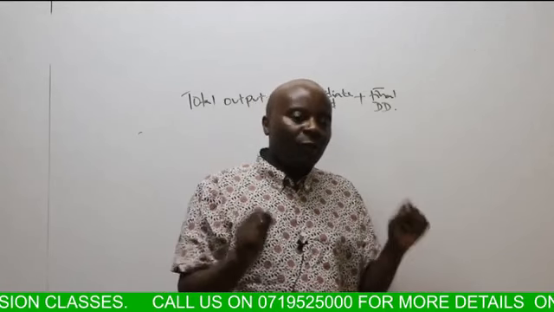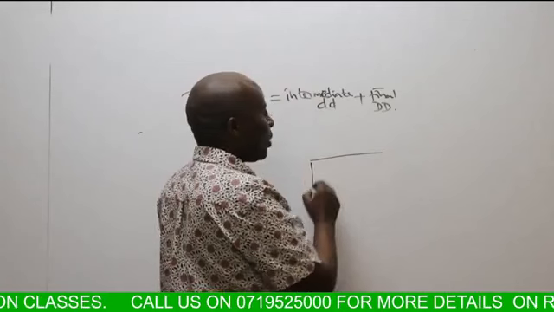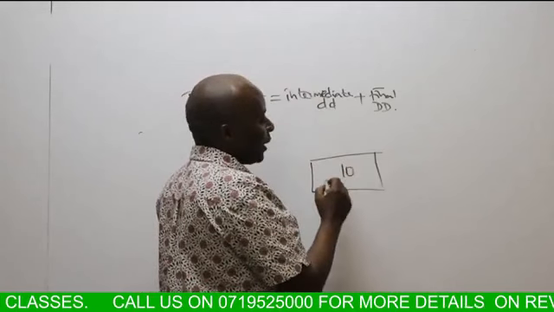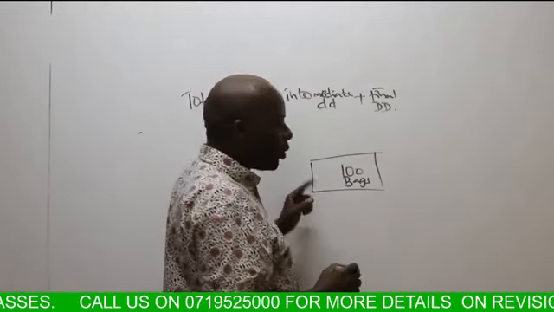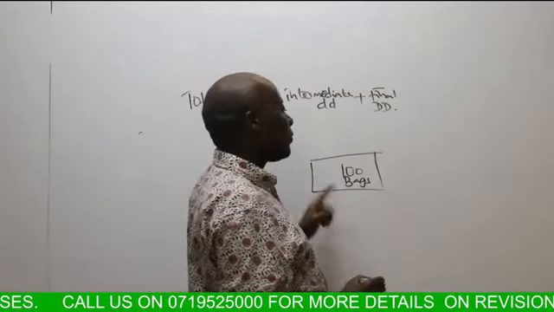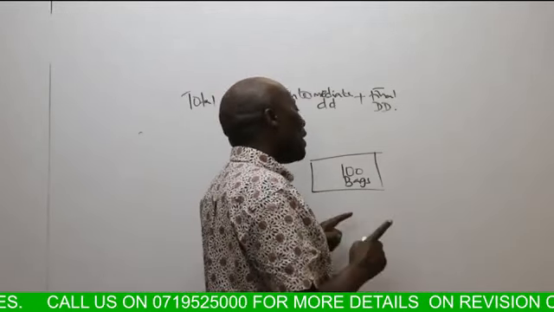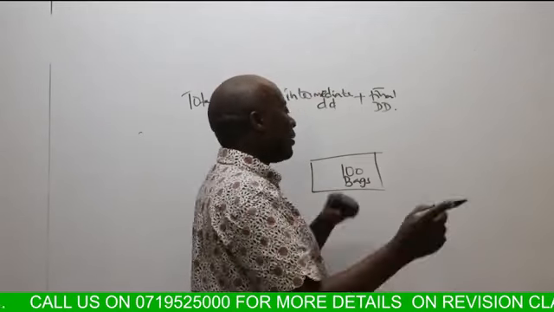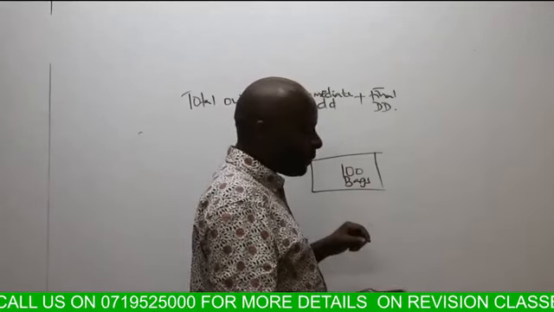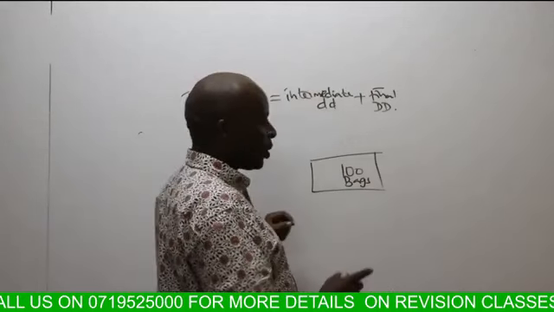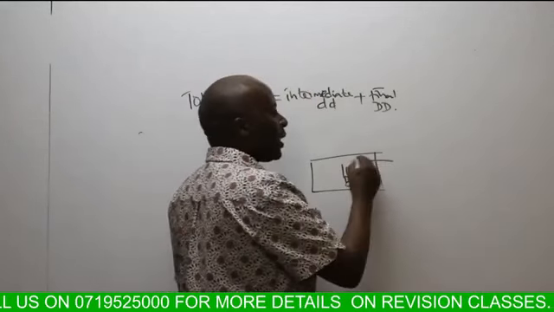If, for example, you are a huge farmer in Trans Nzoia, and you have harvested, say, 100 bags of beans. When you'll be selling, you can't sell all 100 bags. You must retain some number of bags, say 10. Why are you retaining these 10?